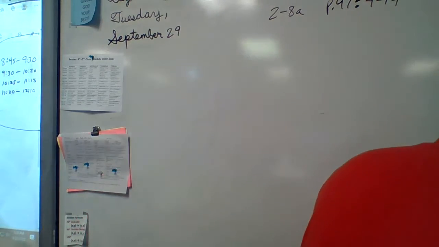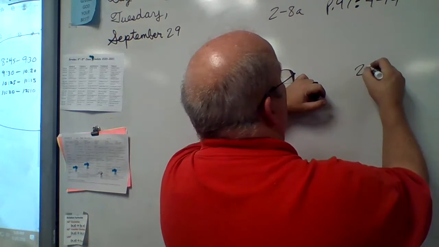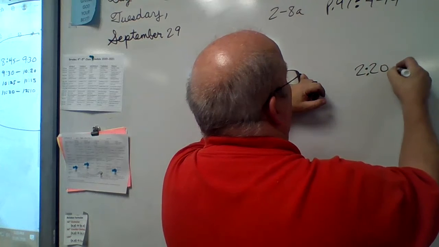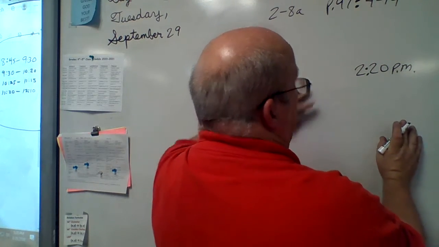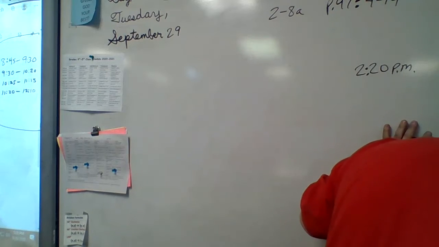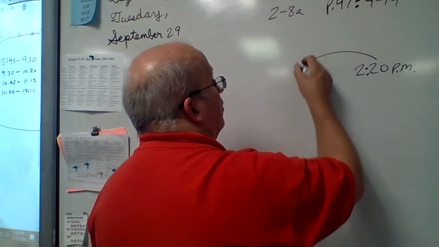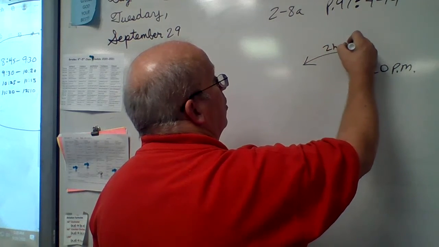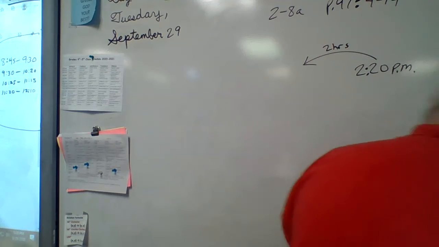So, what do we know? The plane takes off at 2:20, and it says p.m. We got to keep that in mind. That's 2:20 in the afternoon. And it says he has to arrive at the airport at least 2 hours before his flight. So he wants to get there 2 hours before. And then it says it's going to take him 45 minutes to drive from his house to the airport.